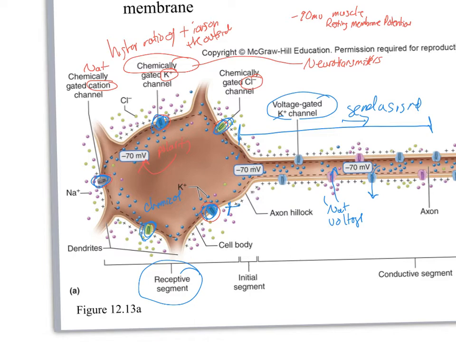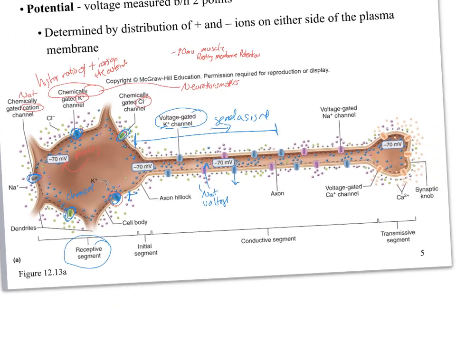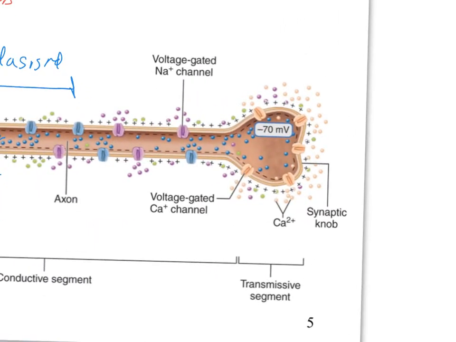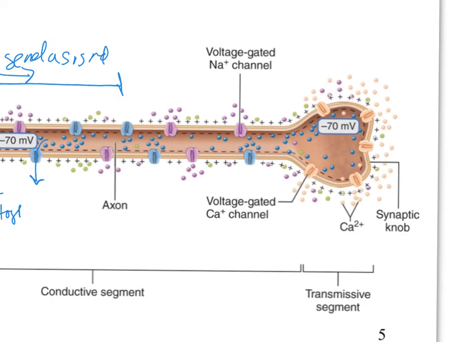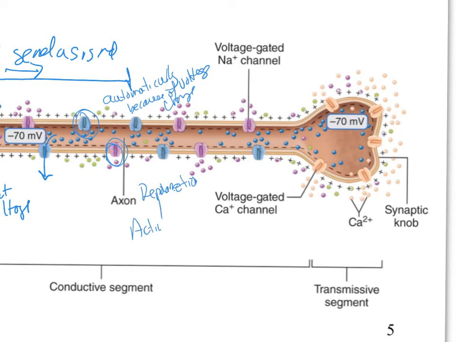I think we can look at the next slide now. Oh, actually, let's move down here. So the action potential, when it is propagated, means these are opening automatically because of a voltage change. And a voltage change is another way of saying depolarization. And in this case, it's going to be an action potential.